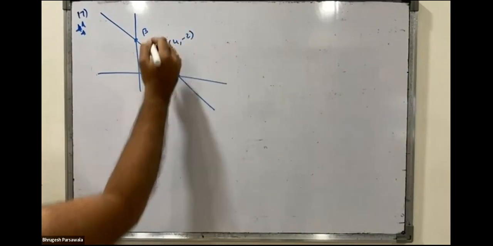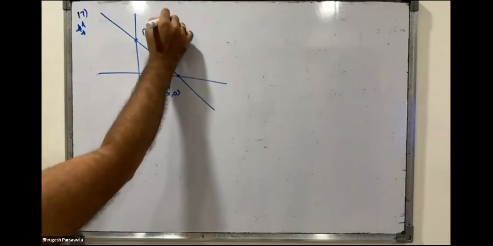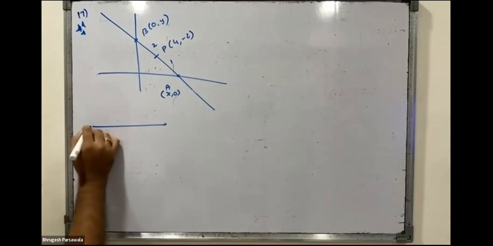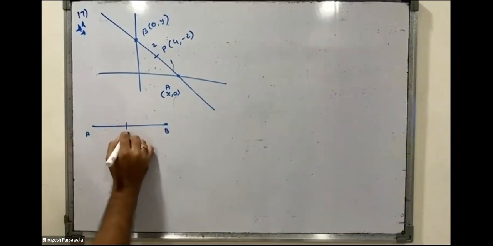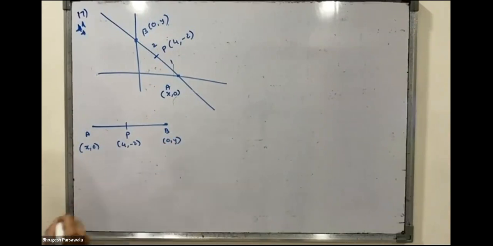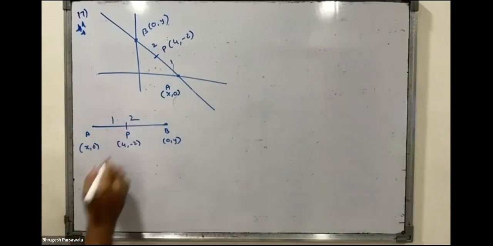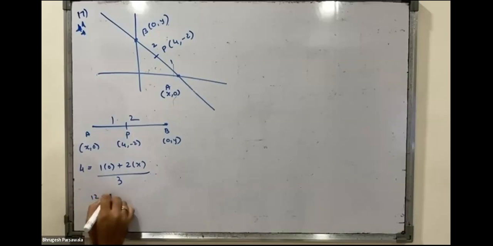AP to PB is in the ratio 1:2. Beta, x-axis means (x, 0), y-axis means (0, y). What is the ratio beta? AP to PB is 1:2. Let's use the section formula, (mx2 plus nx1) upon (m plus n).